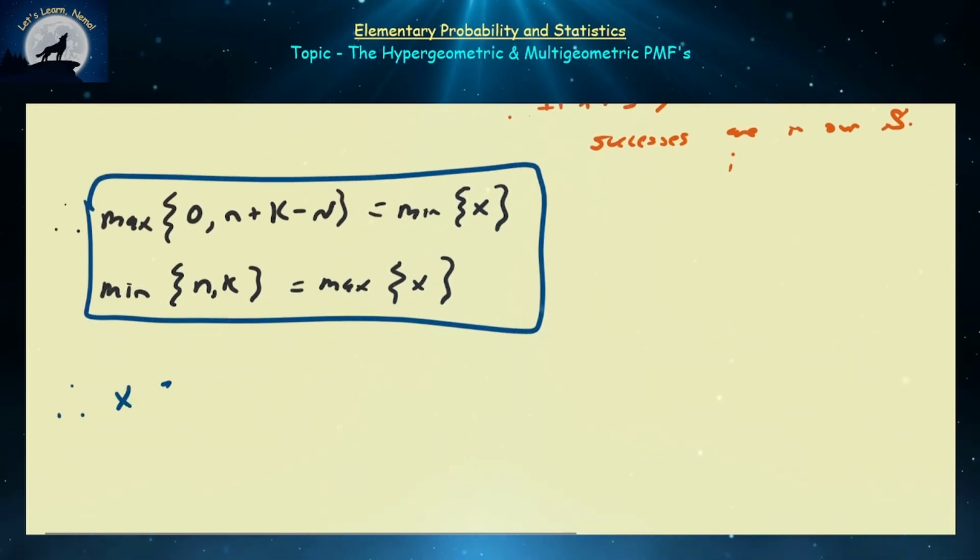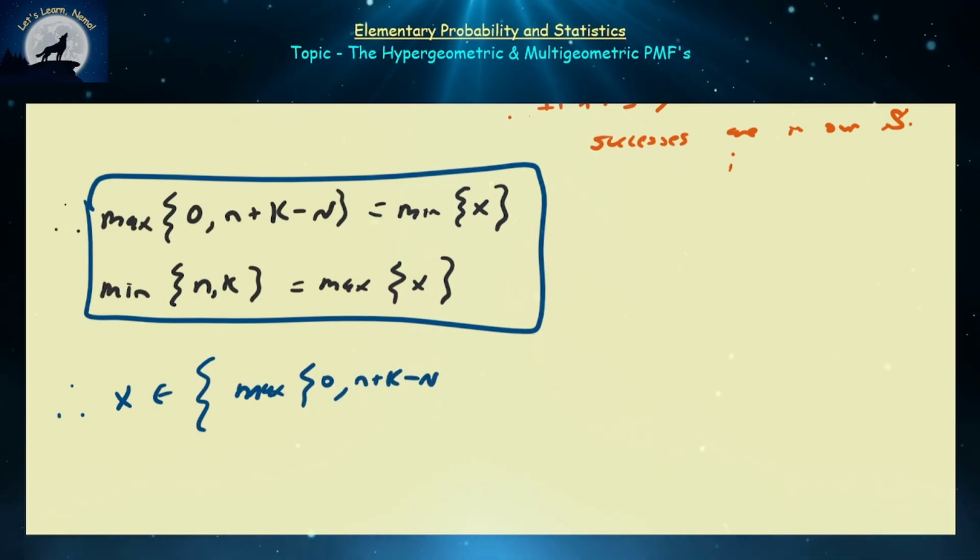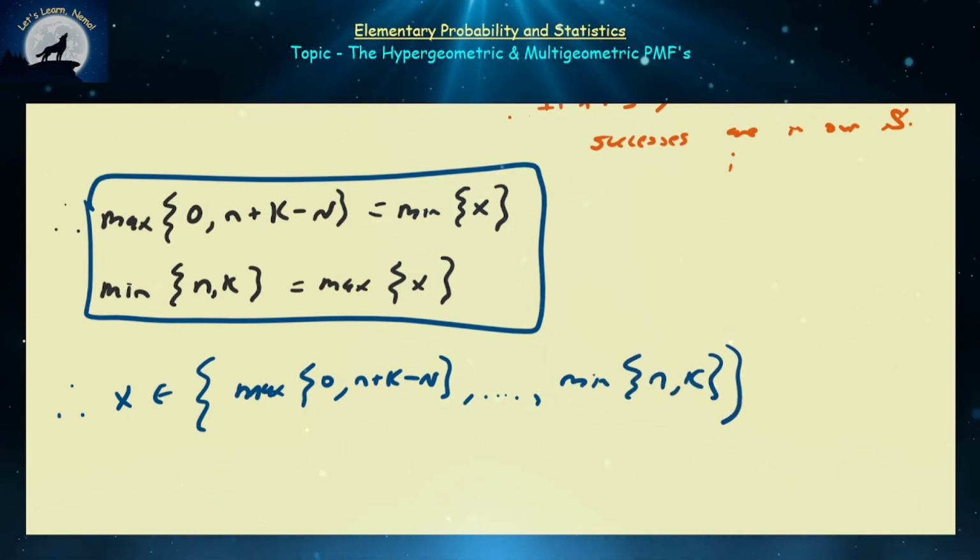So therefore, we can state, generally speaking, that x belongs to the interval from the maximum of 0 and m plus k minus n, all the way up to the minimum of n and capital K. And I'll let you think about why the maximum is not bounded above by little n or capital K. So for us, the minimum came out to 0, and the maximum for this you should verify to be equal to 5.